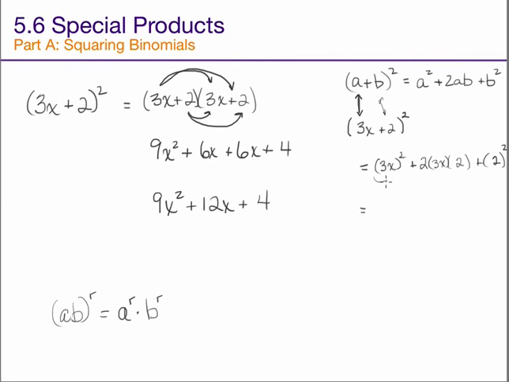So this first term can be written as 3 squared, x squared. The next term can be written as 2 times 3 times 2, that's 6 times 2, or 12, times x. And the last term is 2 squared, or 4. Finally, I can write 3 squared as 9, so I'll tidy that up as well.